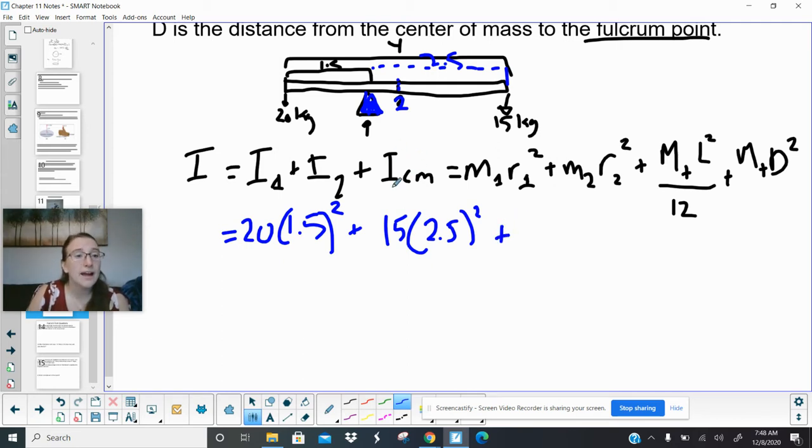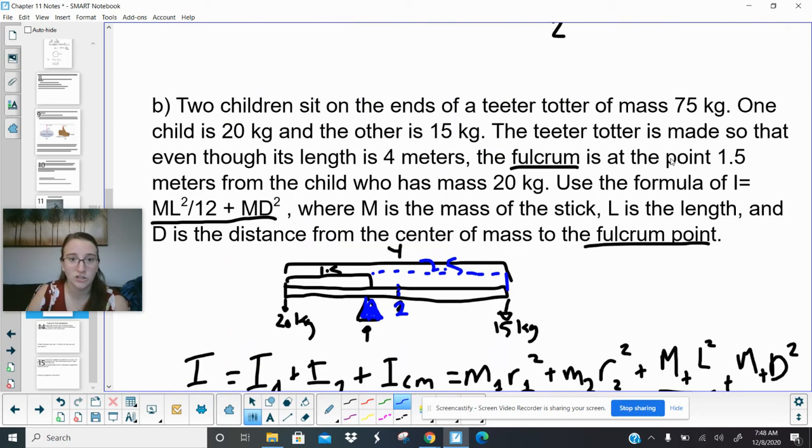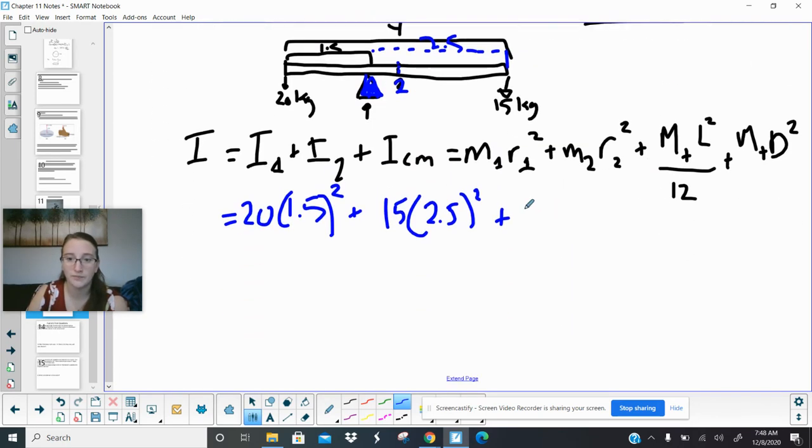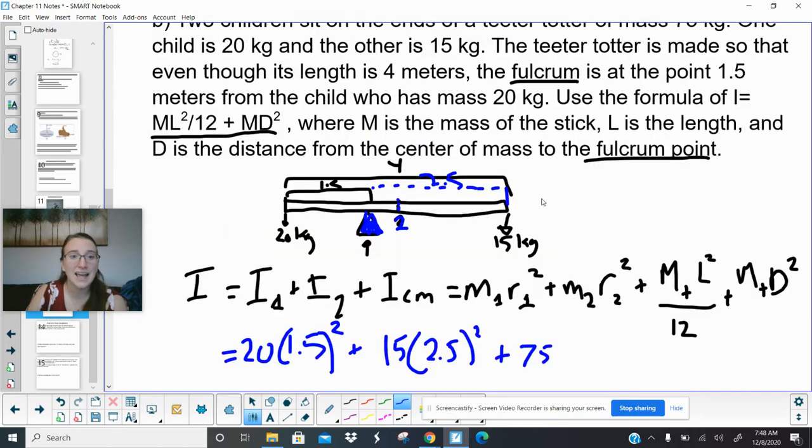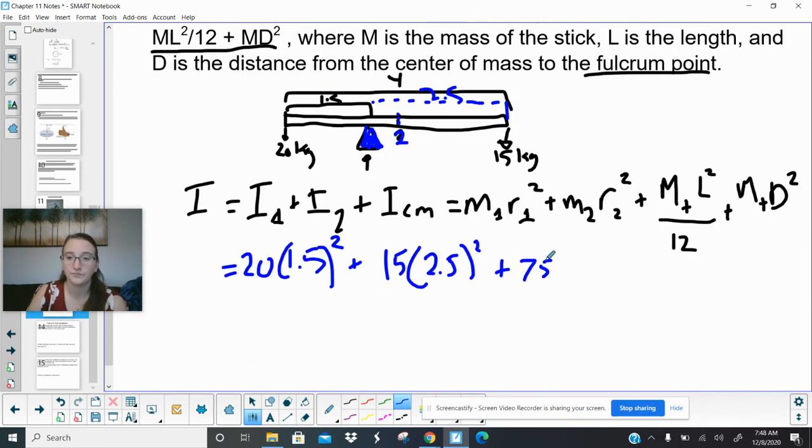Plus, now we have the inertia for the center of mass. So again, we have the mass of the teeter-totter, which is 75 kilograms, times its length, which is 4, divided by 12. Plus, being careful here that once again, the mass is 75.